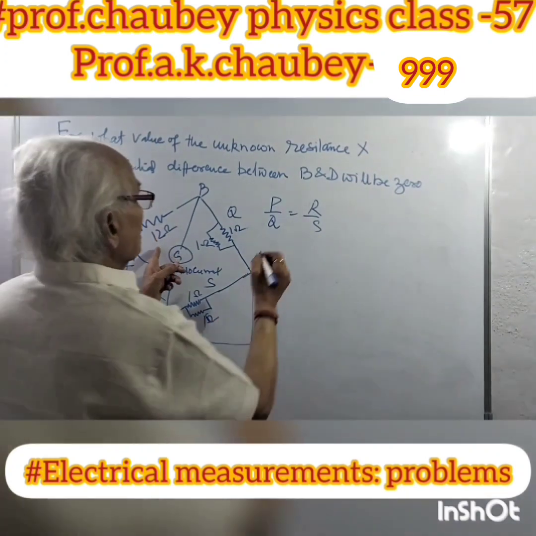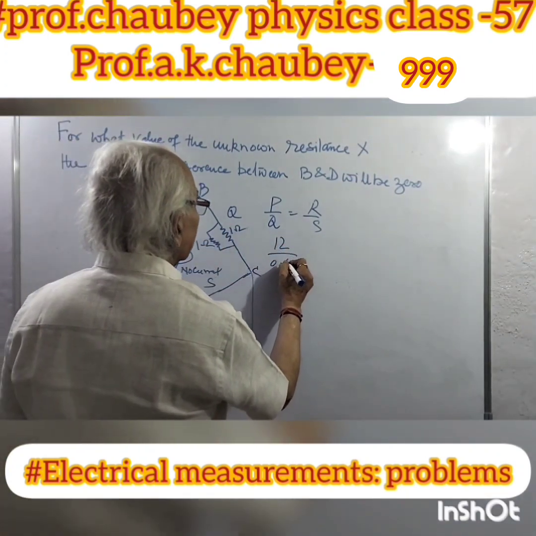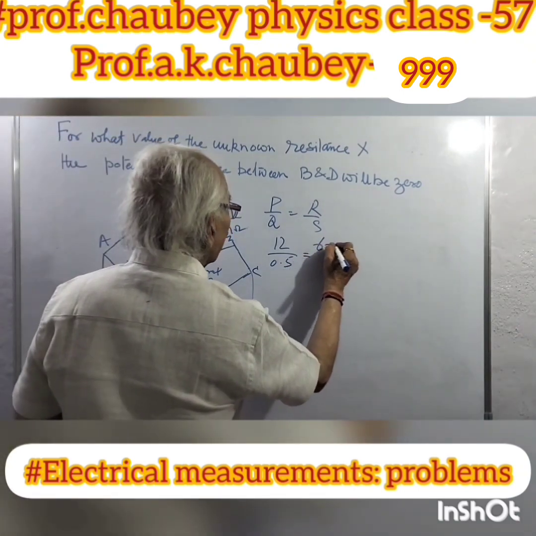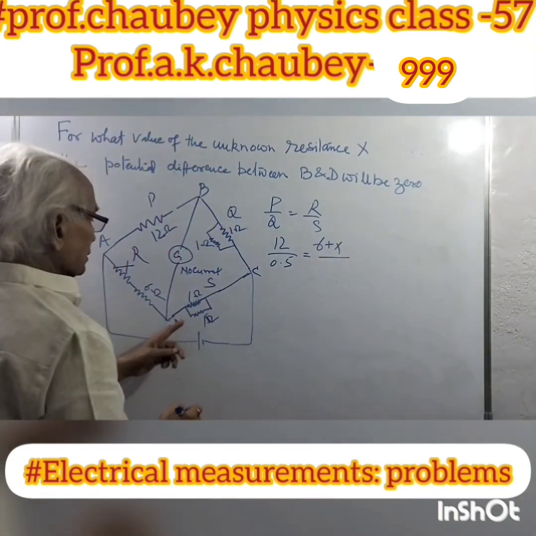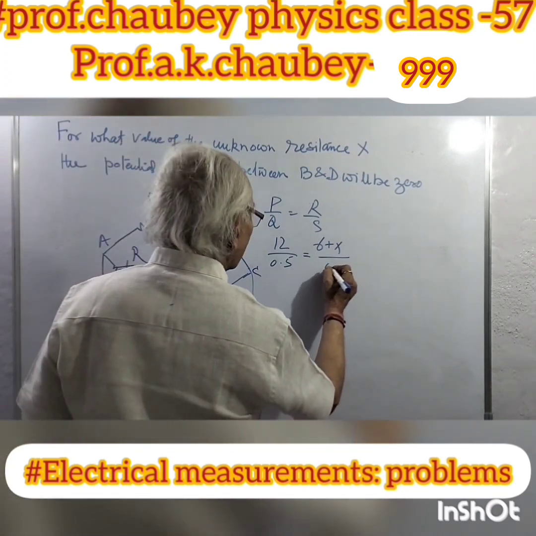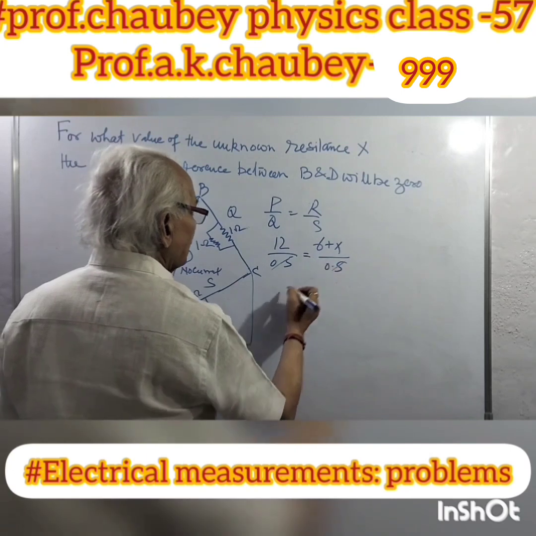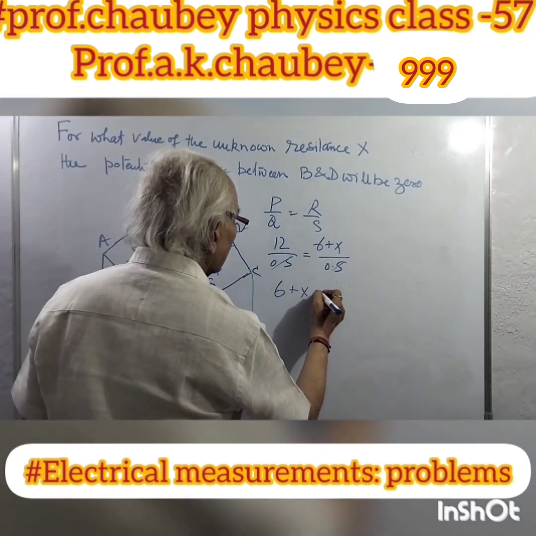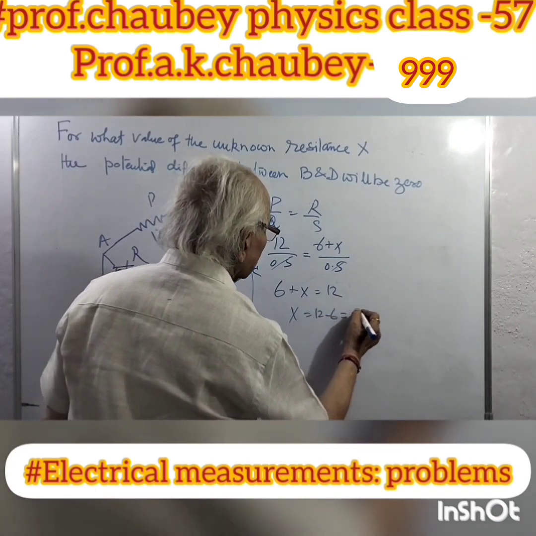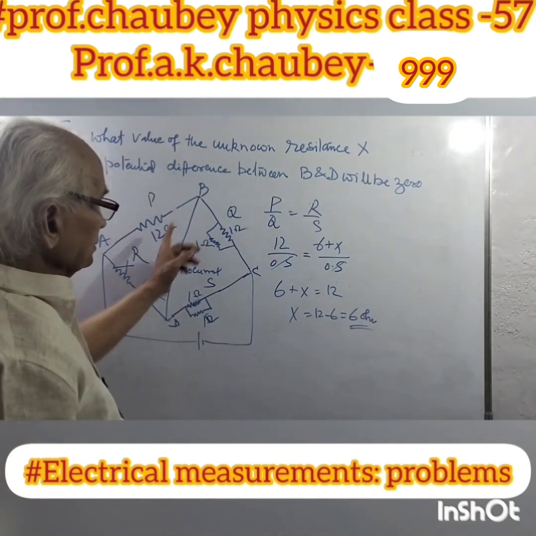So P over Q means 12 over 0.5, and R is 6 plus X, divided by S, which is also the 1 and 1 combination, 0.5. So this 0.5 gets cancelled. 6 plus X is equal to 12. So X is equal to 12 minus 6, that is 6 ohm.